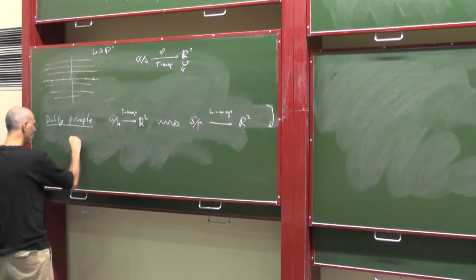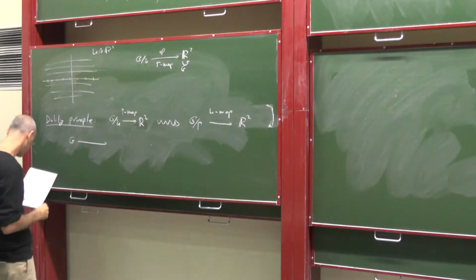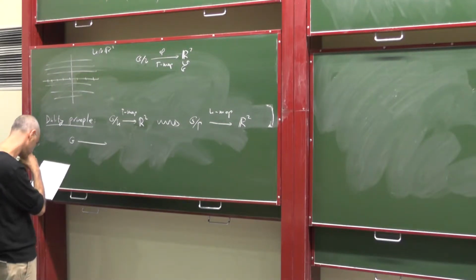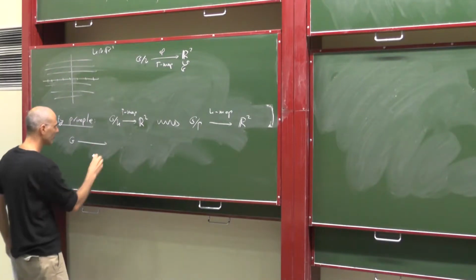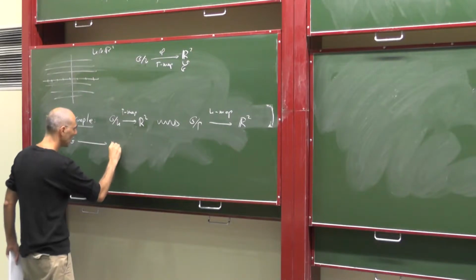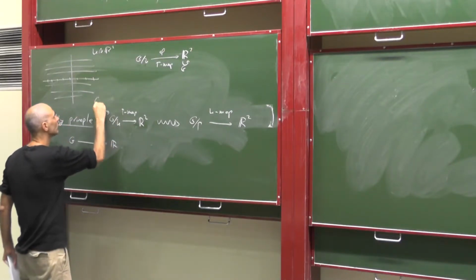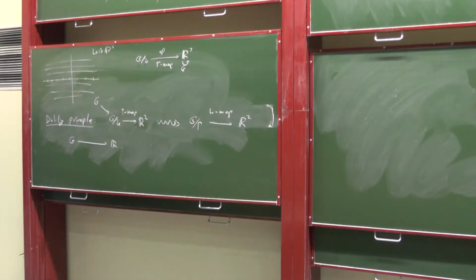So look, we have this G here, and I have this map from G to G mod U and to R2.